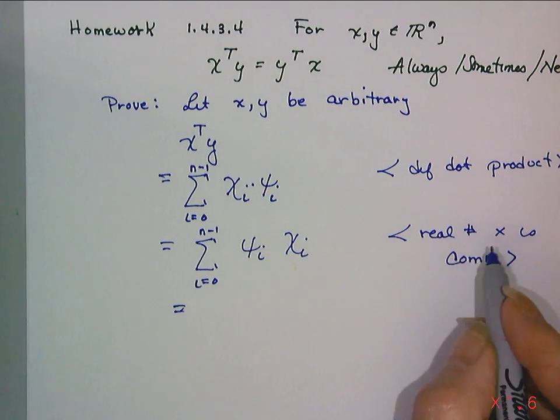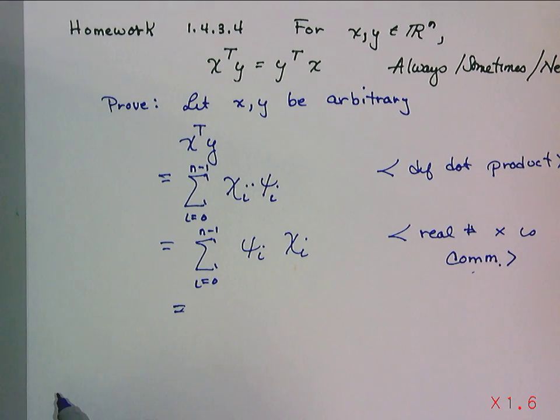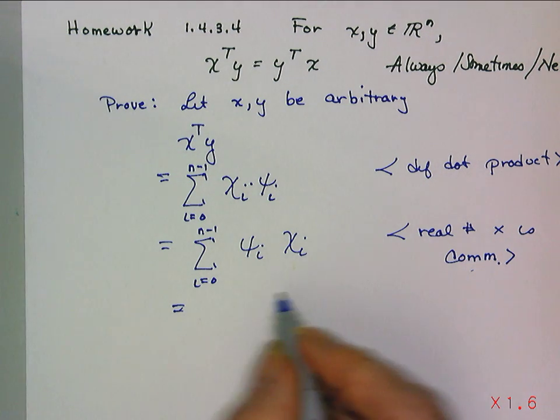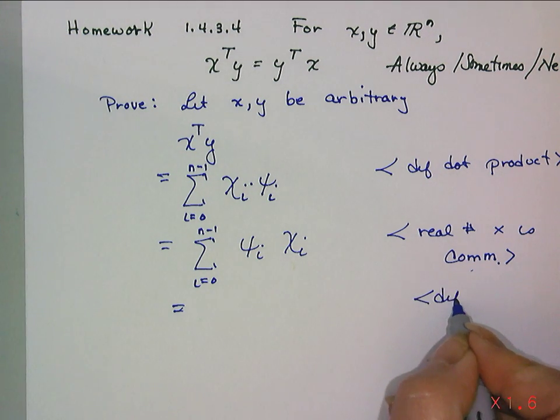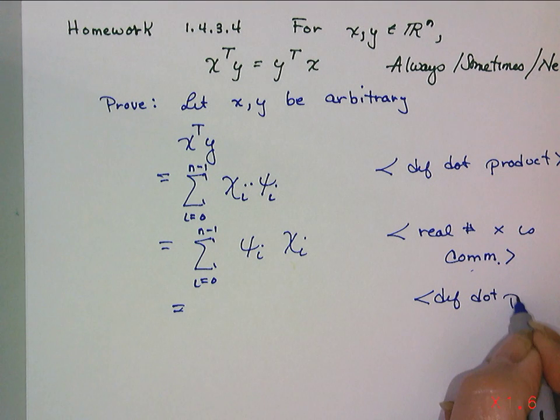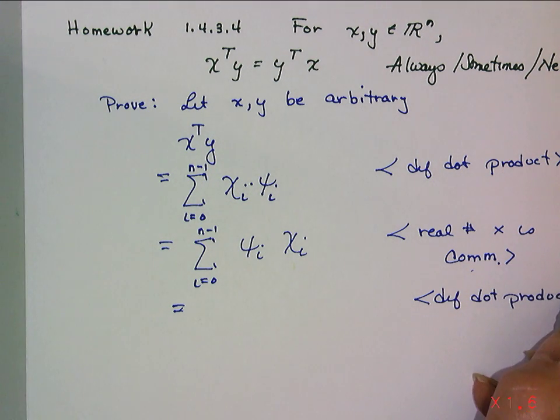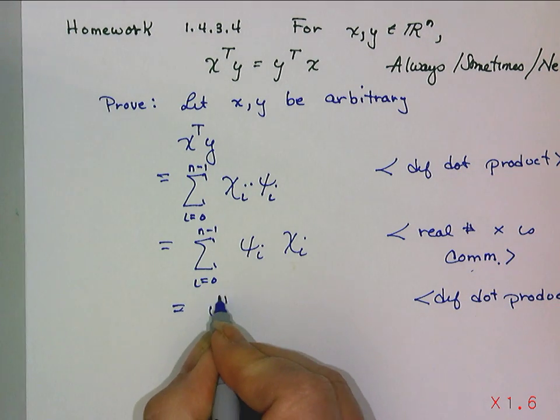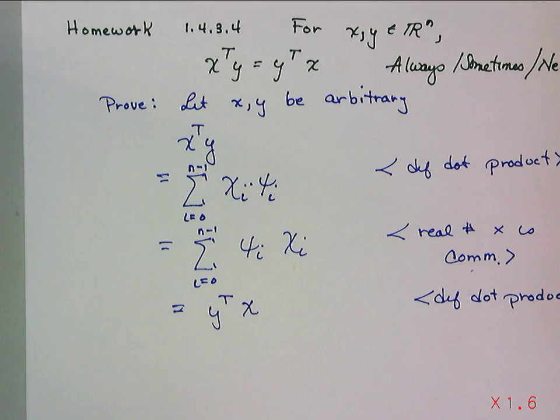Notice I like to write shorthand notation. Again, I hope you can read it so that you can understand my thinking. But this is just by definition of dot product what I had written in my scratch paper earlier as the dot product of y with x.